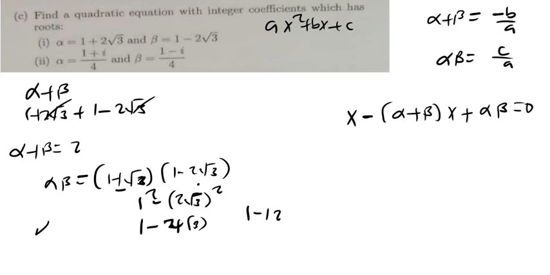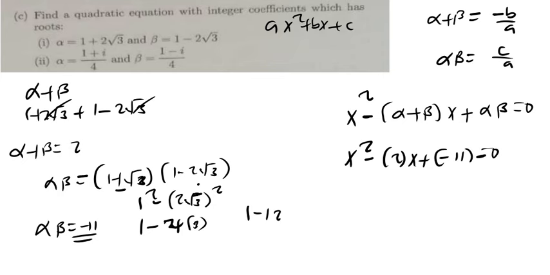So alpha times beta is negative 11. You follow this formula: x squared minus the sum, which is 2, x, plus the product, negative 11, equals 0. So x squared minus 2x minus 11 equals 0 is my equation.